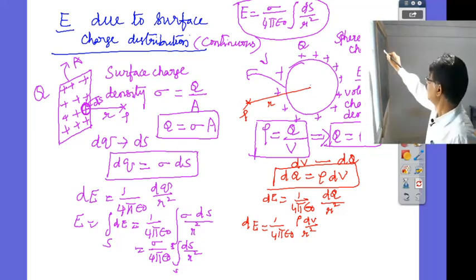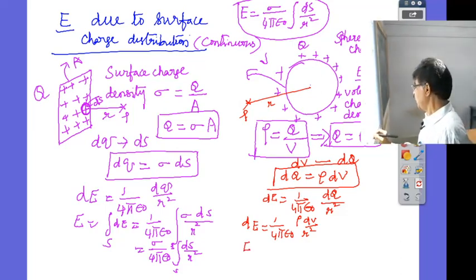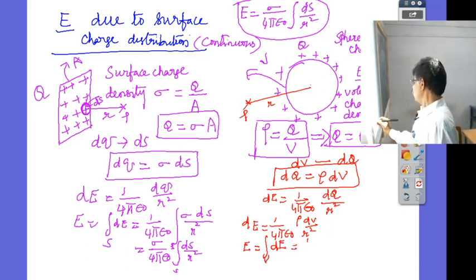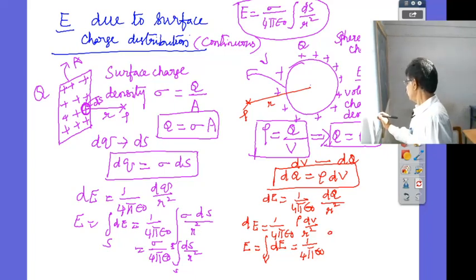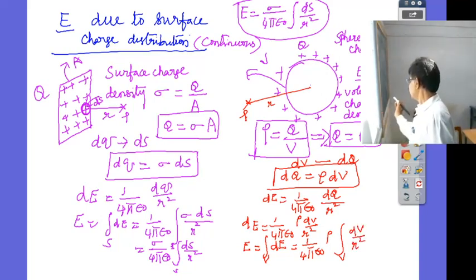And because of the spherical charge distribution, the electric field intensity E is obtained by integrating this dE over the volume. So this is nothing but 1 by 4 pi epsilon naught rho integral dV by R square.